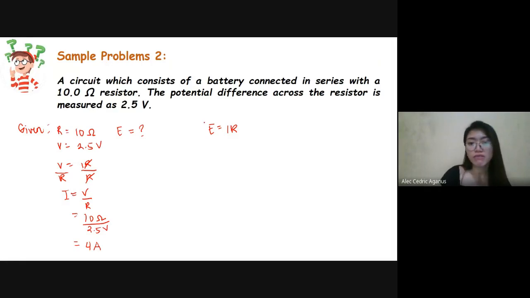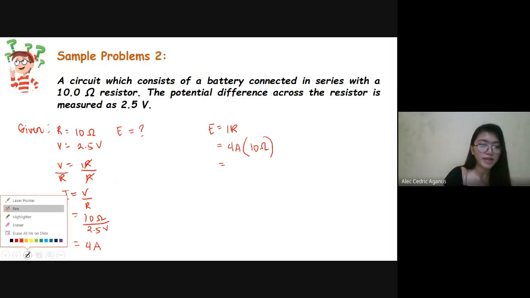Therefore, let's write I is equal to 4 amperes times the resistance of 10 ohms. Wait, okay. This must not be 4 amperes. Let us erase this part.